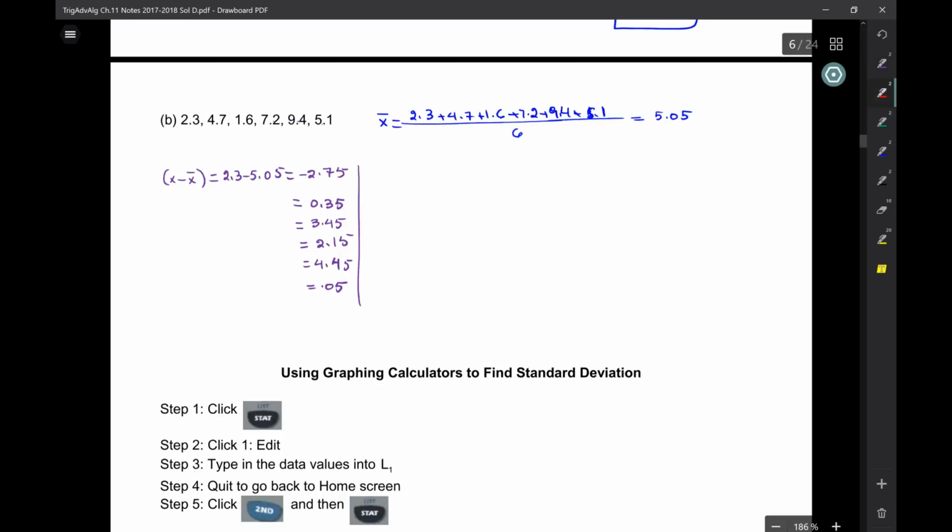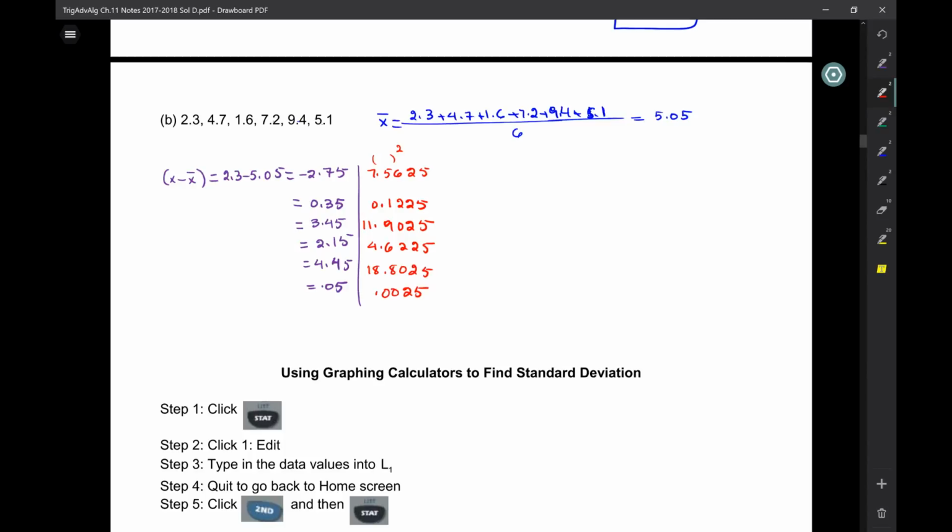Then I'm going to square these, right? So do you see how like I make it short for myself, less writing? 7.5625, 0.1225, 11.9025, 4.6225, 18.8025, 0.0025.